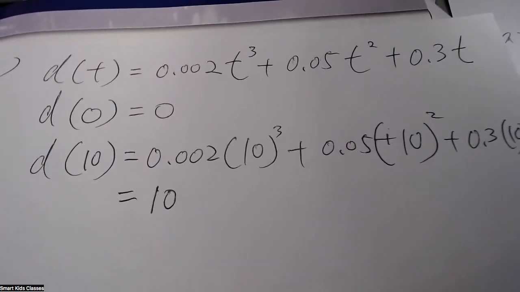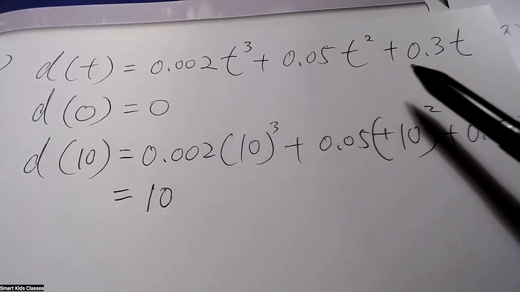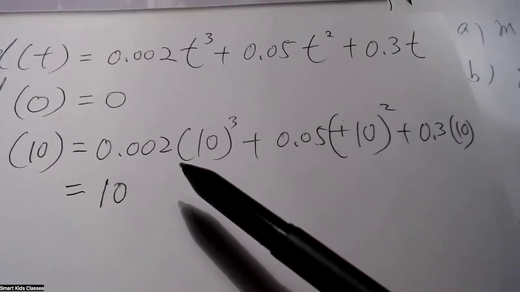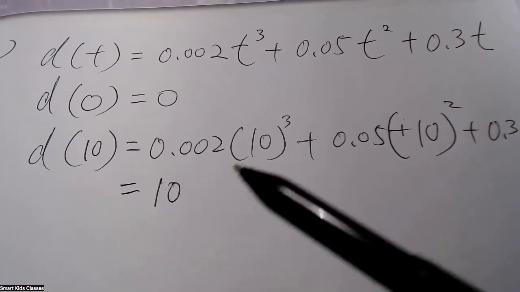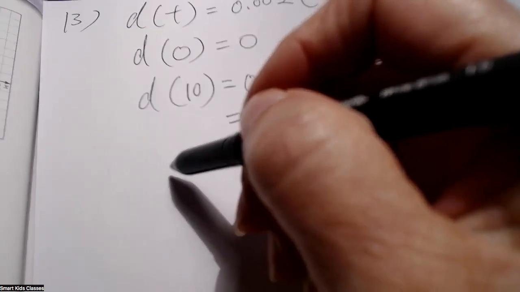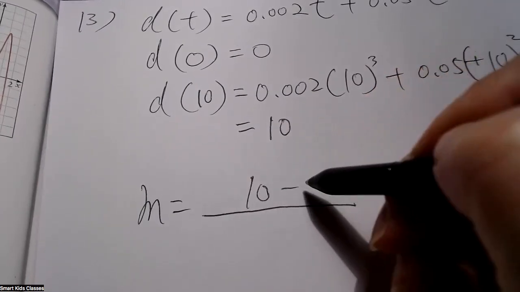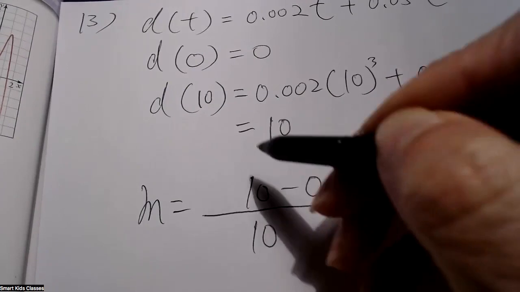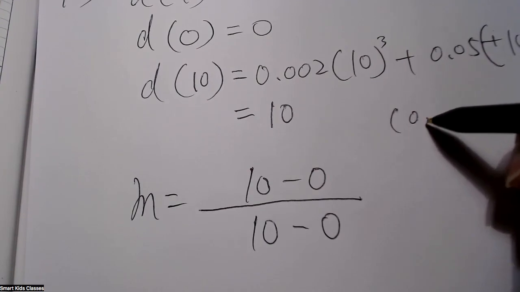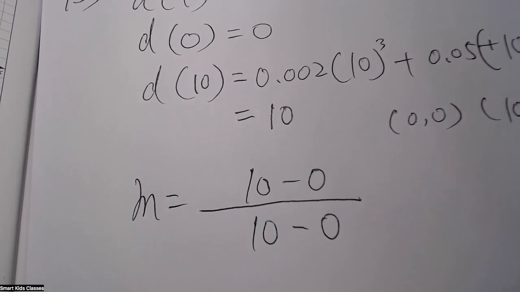Now, we're going to find the slope for the first 10 seconds. When t equals 0, you plug into the equation, and y equals 0. When t equals 10 seconds, you plug in t equals 10 and get the value. Now we have 2 points to find the slope. So m is 10 minus 0 over 10 minus 0, because the points are 0 and 0, and 10 at 10.